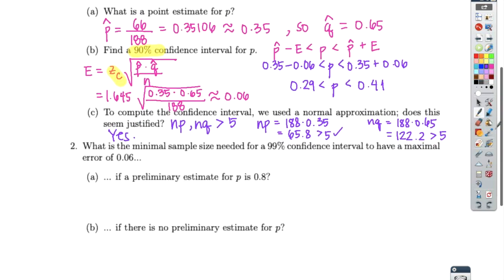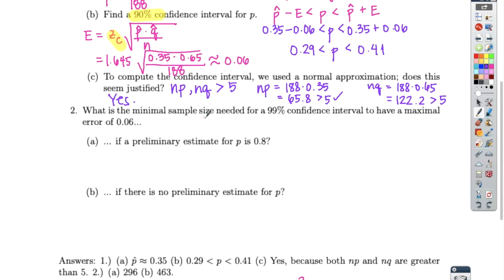Okay, problem number 2. What is the minimal sample size needed for a 99% confidence interval to have a maximum error of 0.06? And now we've got 2 add-on questions here. First of all, if a preliminary estimate for P is 0.8, and then part B, if there is no preliminary estimate for P. Okay, so we've got 2 different formulas.